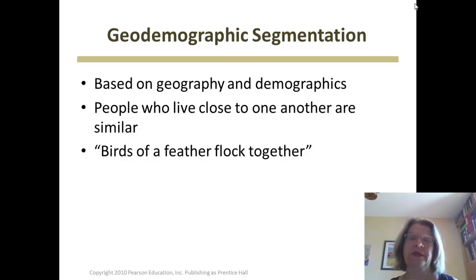Geodemographic segmentation is based on geography and demographics. This is a popular use of geography in targeting. People who live close to one another are likely to be similar in tastes, incomes, lives, and lifestyles and consumption patterns.